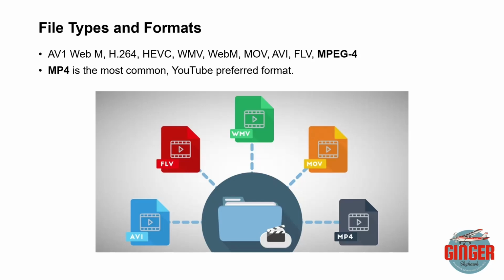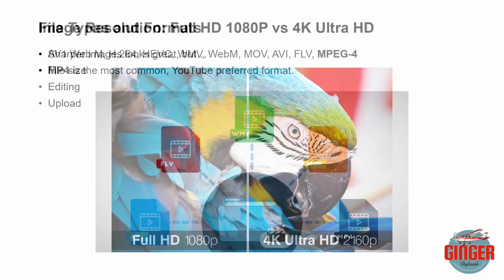It'll be the easiest thing to upload to YouTube or any other file sharing format that you use online. And it's just a great all-around do-everything format. So if you have the option to choose on your phone or in your camera which format you want to use, I would always suggest you use MP4.